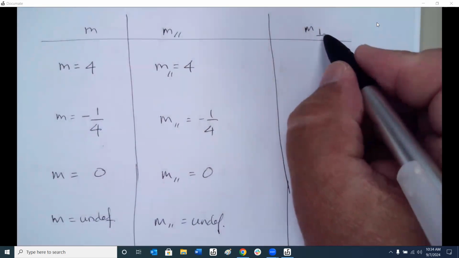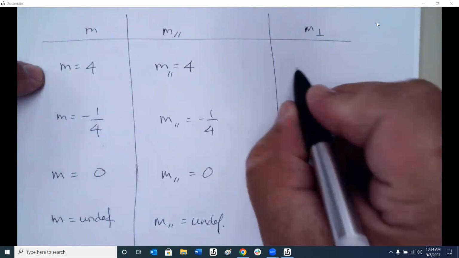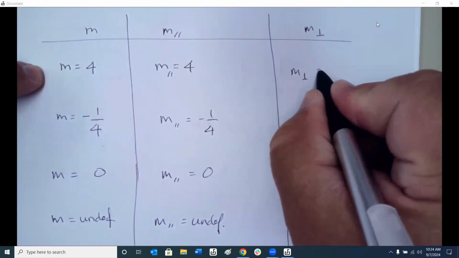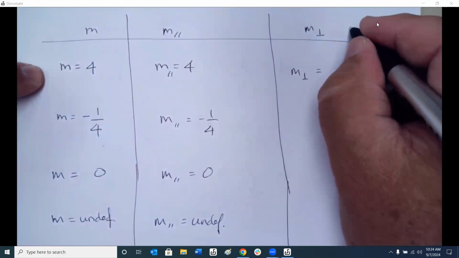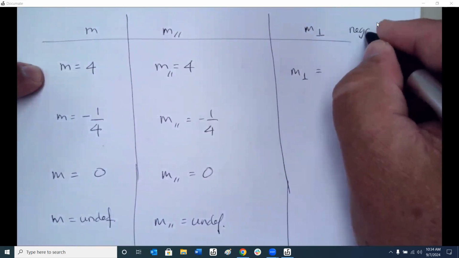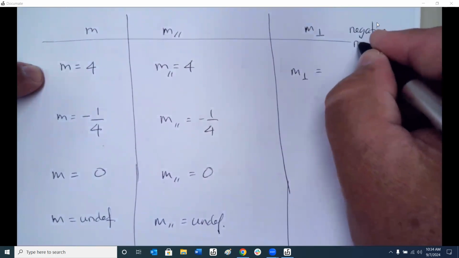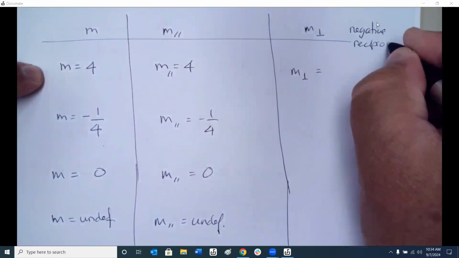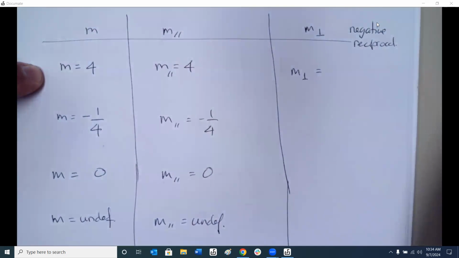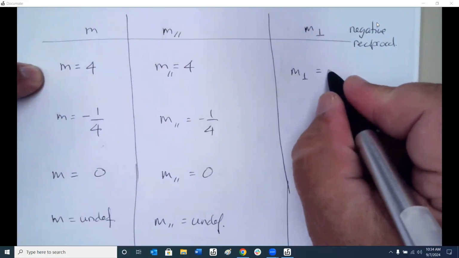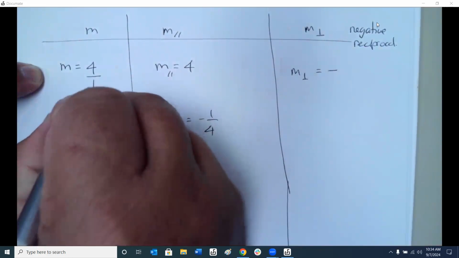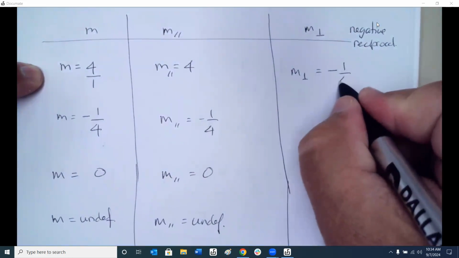How about perpendicular? What's the perpendicular slope to this one? Remember, they have to be negative reciprocals. So that's positive, so this one has to be negative. This one's 4/1. This one has to be 1/4.